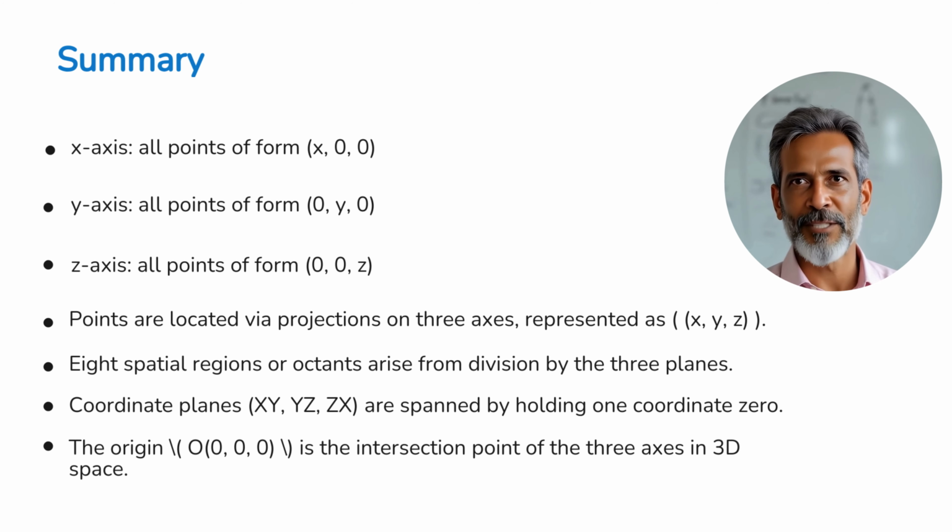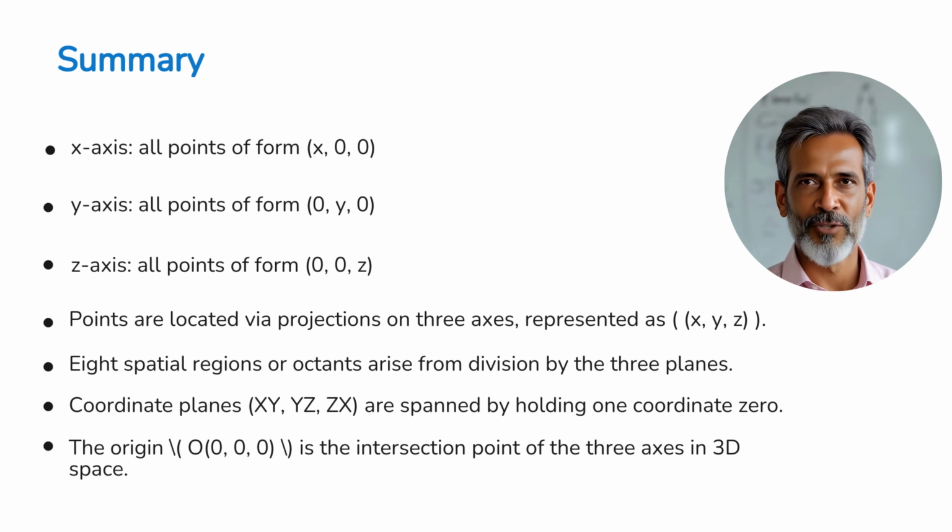The x-axis is made up of points with coordinates x, 0, 0, and the y-axis has points 0, y, 0, and the z-axis contains points 0, 0, z. All 3 meet at the origin, which is 0, 0, 0.